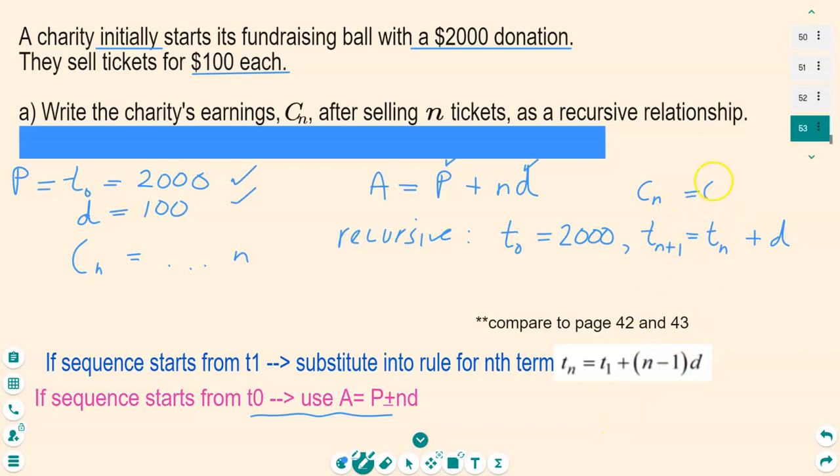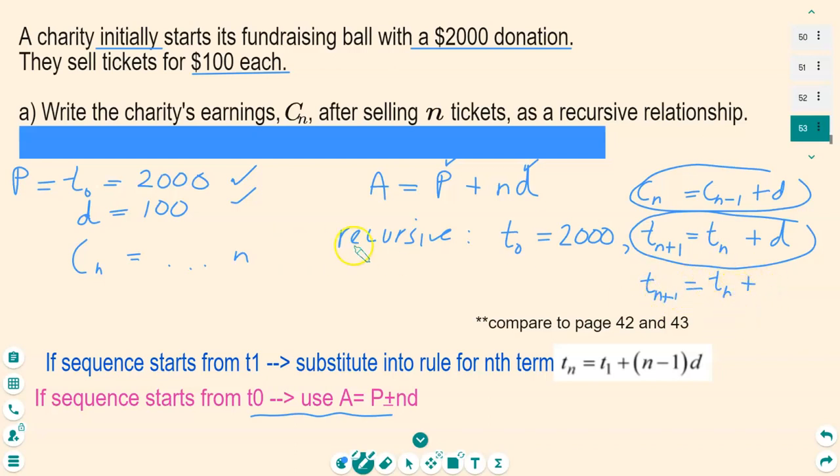That's a general formula. You might also see it written like this: Cn equals Cn take 1 plus D. It's just which one you choose. They're the same thing. And we've got T naught is 2,000 and we just substitute in D. D was 100. And that's what our recursive formula is defined by.